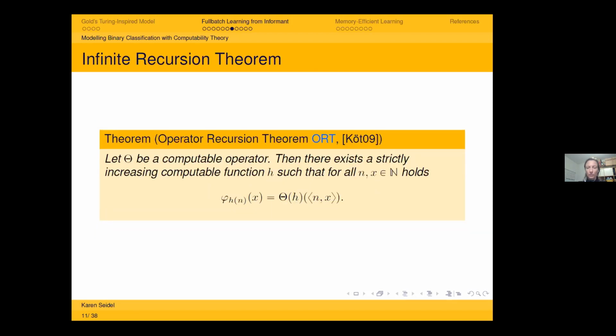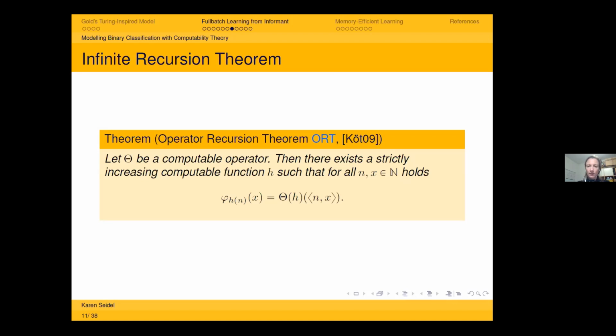Okay, so now I showed you already two techniques to show separations. The one was locking sequences, the other one was some kind of diagonalization, in the sense of contradicting the undecidability of the halting problem. And another very important tool that is used in proofs is the so-called operator recursion theorem. There are different versions of it.